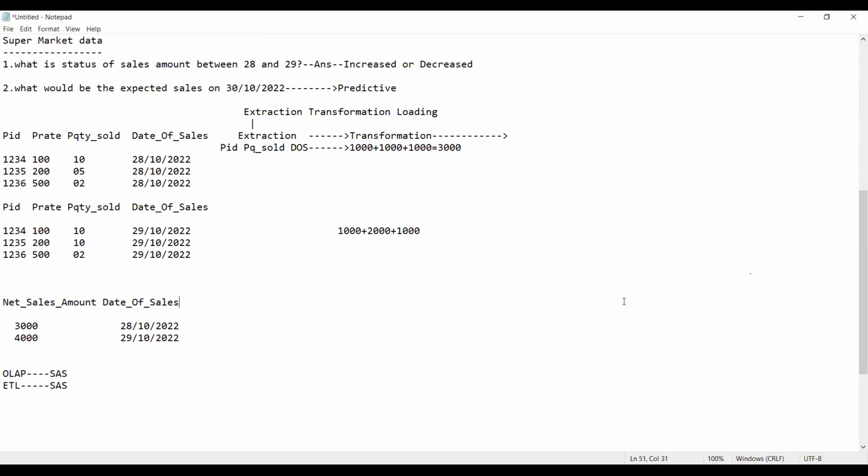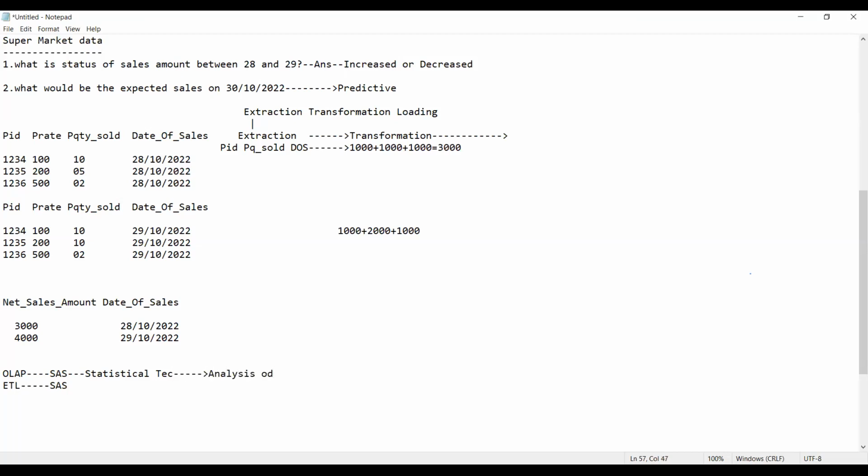So now, guys, whenever you have to perform this predictive analysis, we require the support of a statistical technique. So the statistical technique we use is called analysis of variance.